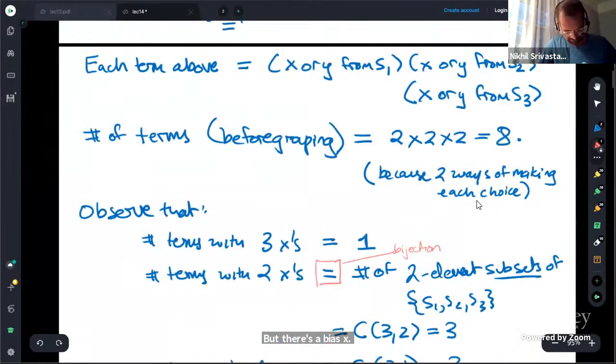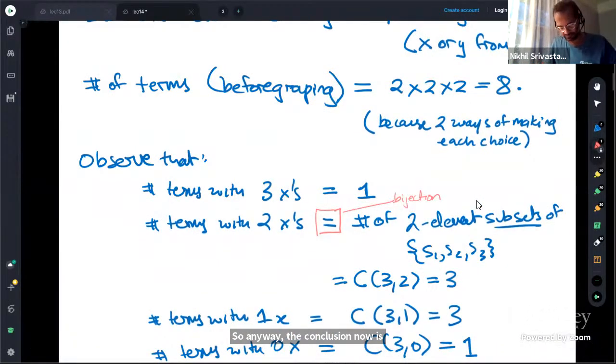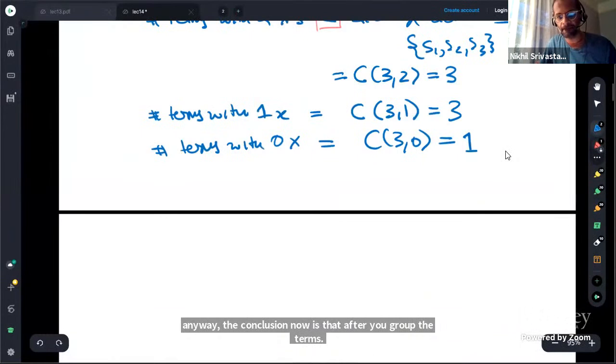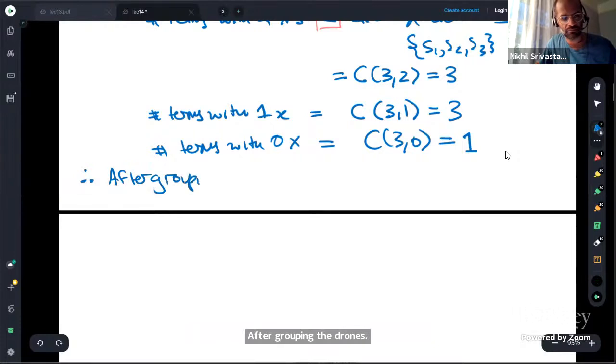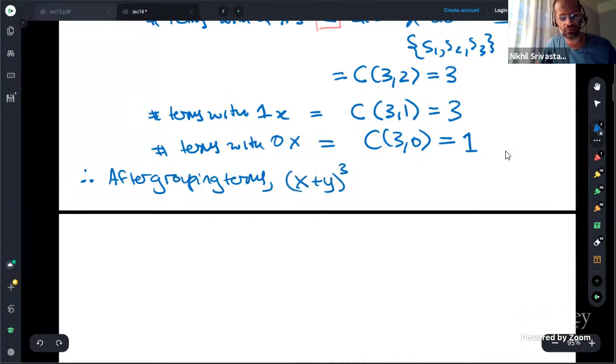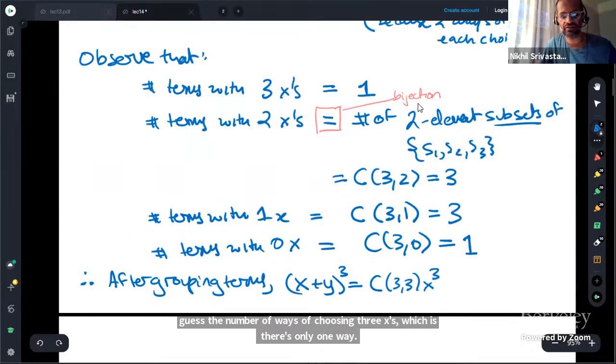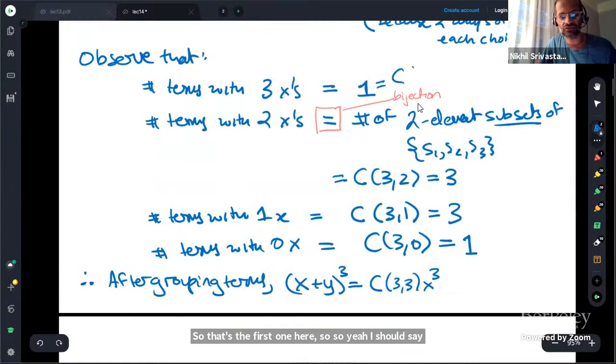So anyway, the conclusion now is that after grouping the terms, you have x plus y cubed equals the number of ways of choosing 3 x's, which is only one way. So that's the first one here. I should say this is really the number of ways of choosing all of them to be x's, and there's only one way to do that, right?